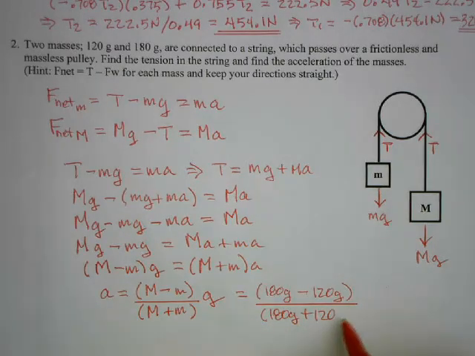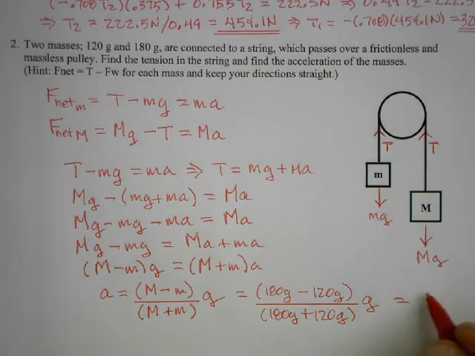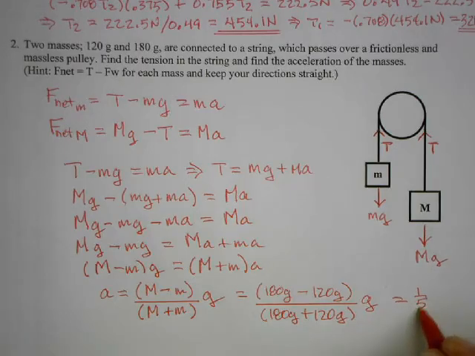And then all of that's times gravity. And 180 minus 120 will be 60. 180 plus 120 will be 300. So basically, our acceleration is going to be 1/5 g.